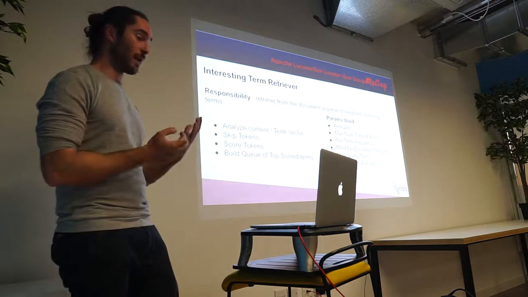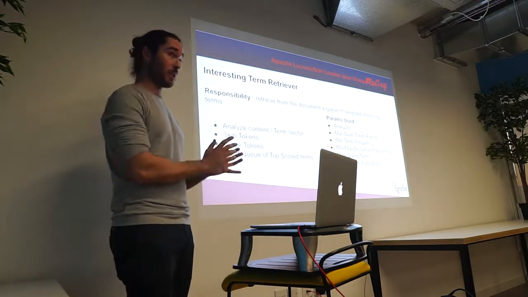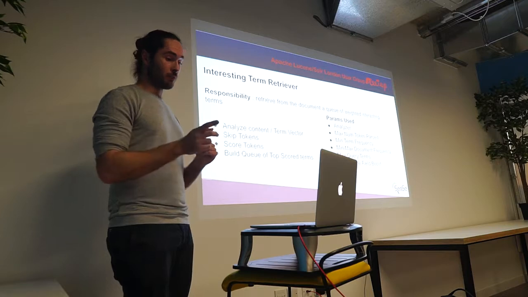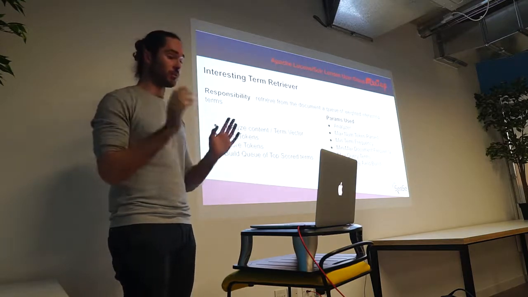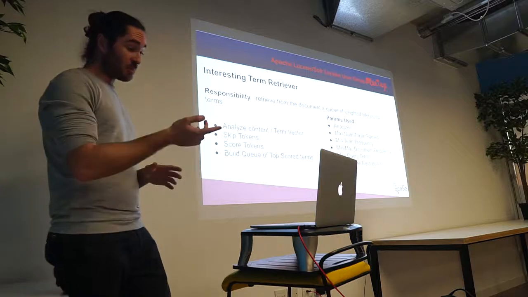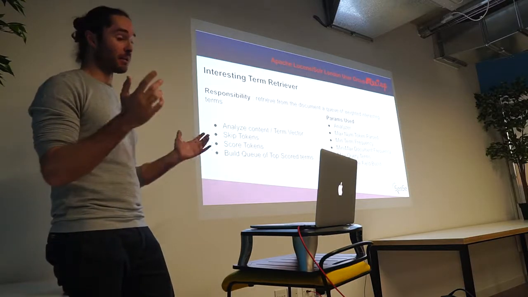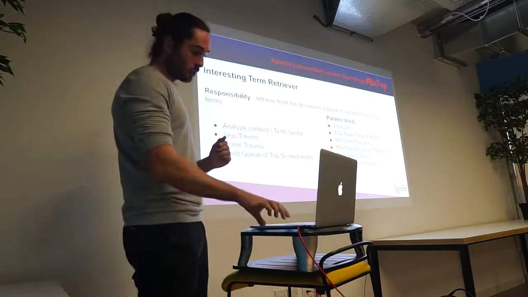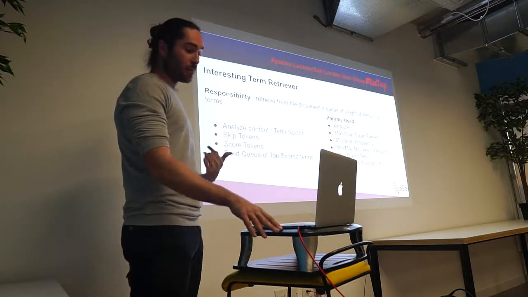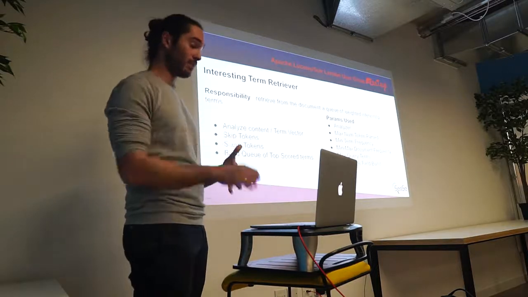You can say, okay, I don't want to extract all the terms, I want only the ones that appear a certain number of times in the input document, and for example don't exceed a certain number of occurrences in the whole corpus. You may want to build a More Like This query out of n query terms, so maybe you don't want to exceed 20 query terms. And you may want to apply a boost, which basically makes some of the terms more important.